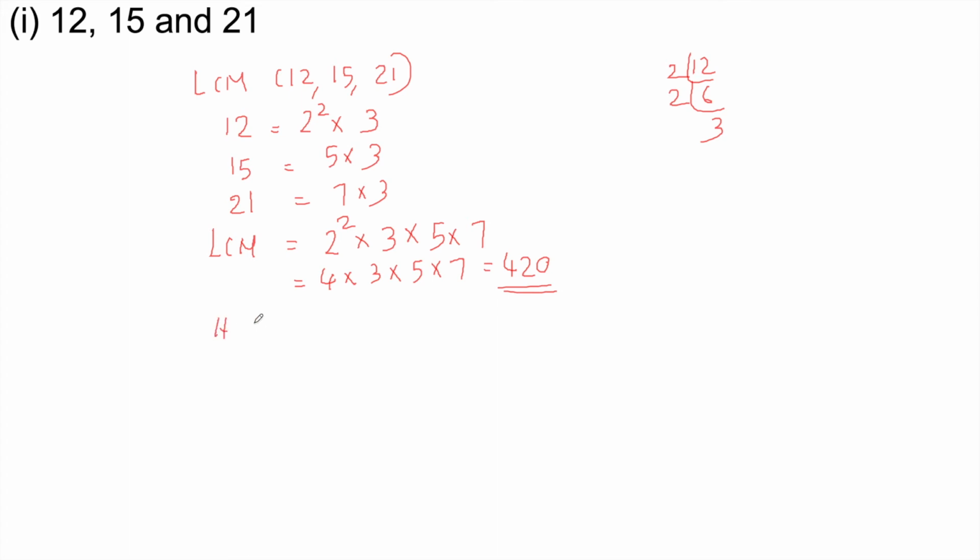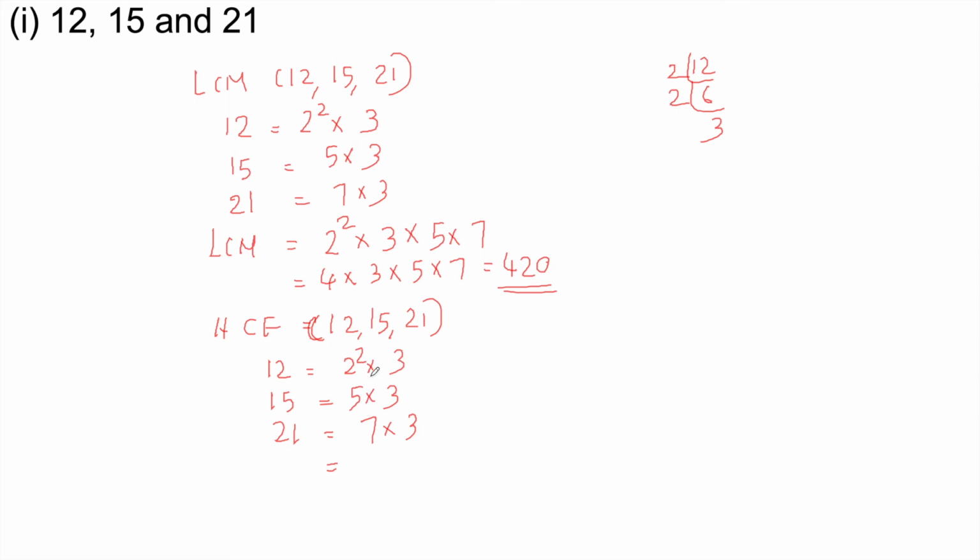Okay. For HCF again, HCF of 12, 15, 21. So 12 again we can write 2 square into 3, 15 as 5 into 3, 21 as 7 into 3. And here we are considering the common factors only.